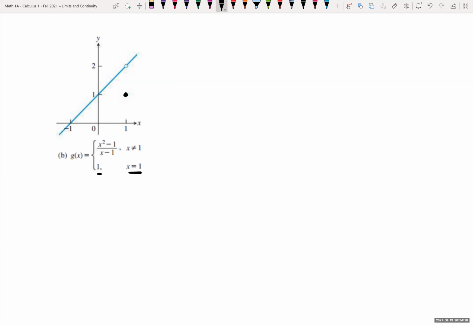In this case, we want to see what's happening as if we were looking at the limit as x is approaching 1 of this g of x function. I'm really just concerned on the graph with x near 1.